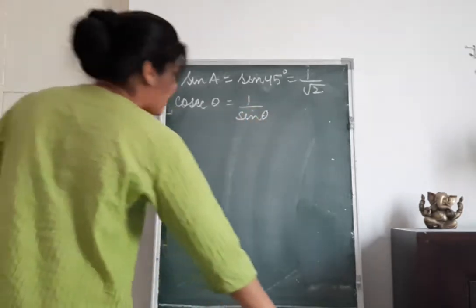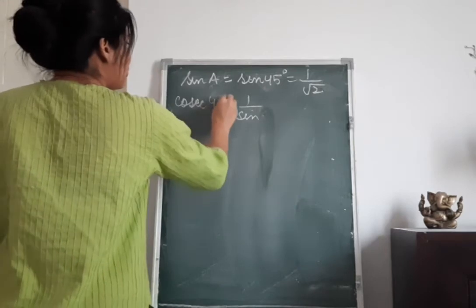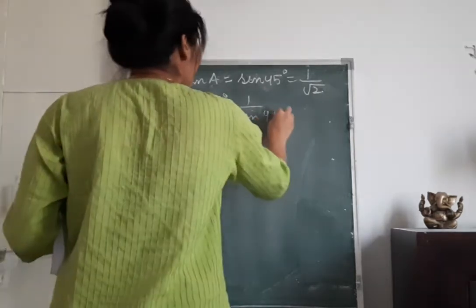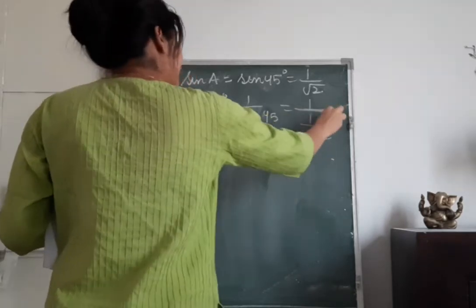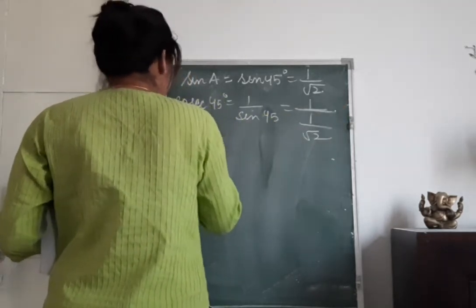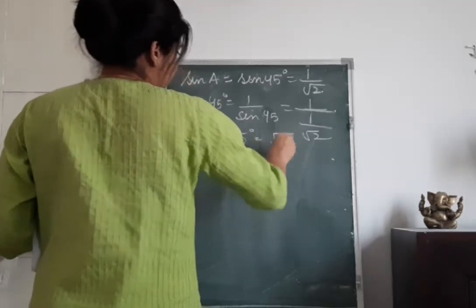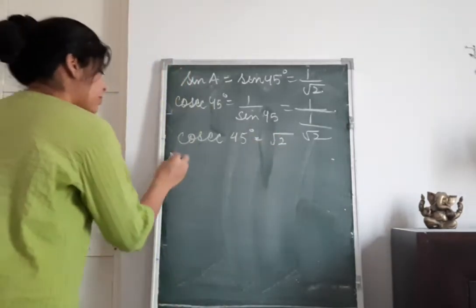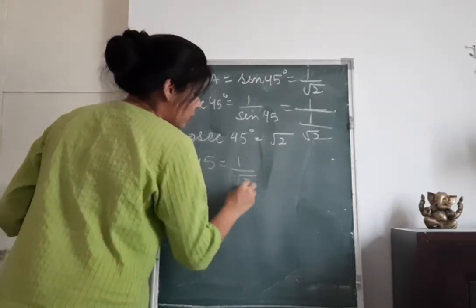If I replace theta by 45 degree, I can say cosec of 45 degree will be equals to 1 upon sin of 45 degree. That is 1 upon root 2. That gives me cosec of 45 degree as root 2. In similar manner, cos 45 is equals to 1 upon root 2.